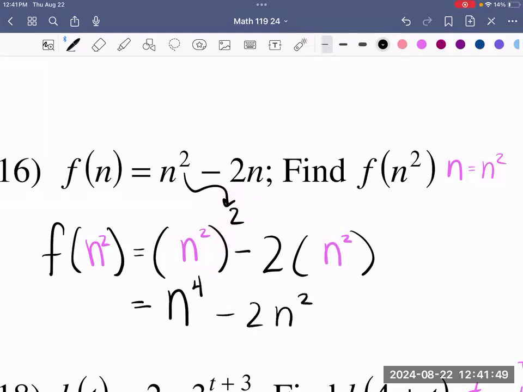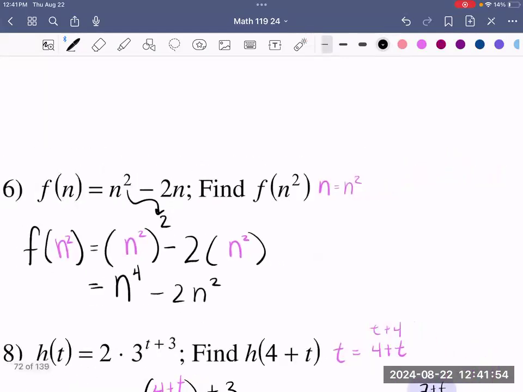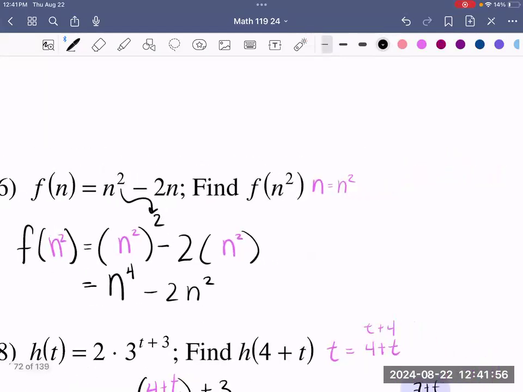-2n squared. Now, this is an okay response. Keep in mind, if you are able to factor, factoring is always a little bit better. So a good answer is this. The better answer is to recognize that you have 4 n's here, you have 2 n's here.